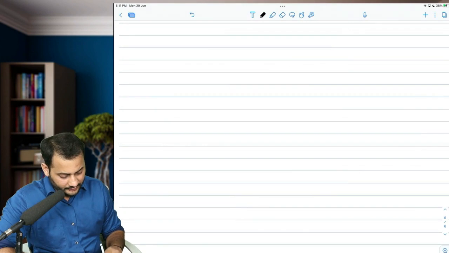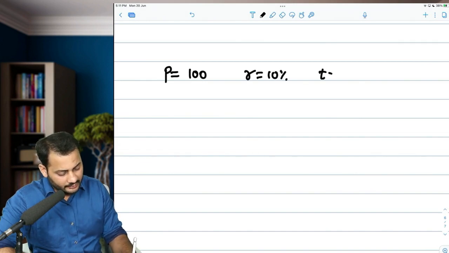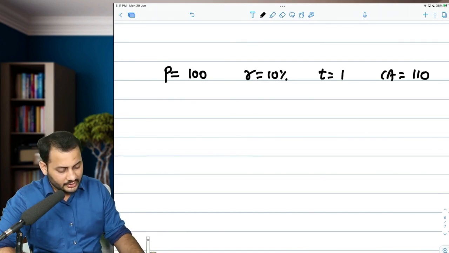Let's say you invest 100 rupees, rate of interest is 10% and time is 1 year. So the amount that you will receive at the end of 1 year will be 110 rupees. Am I right?